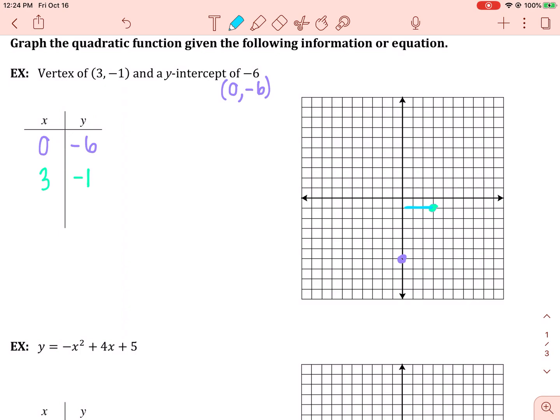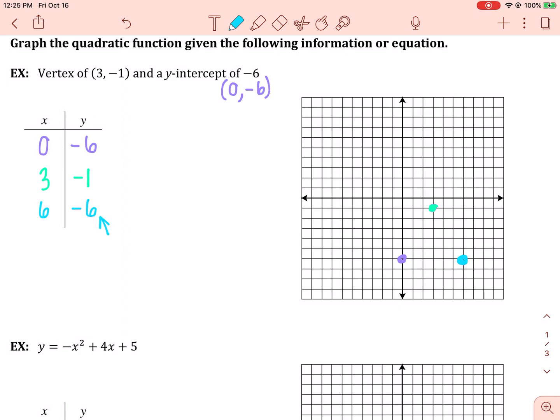So if I go 3 units to the right, I will have the symmetric point. I don't have to do any math whatsoever, and I know that this point would be on the graph because it's symmetric to my y-intercept, which is the point 6, -6.